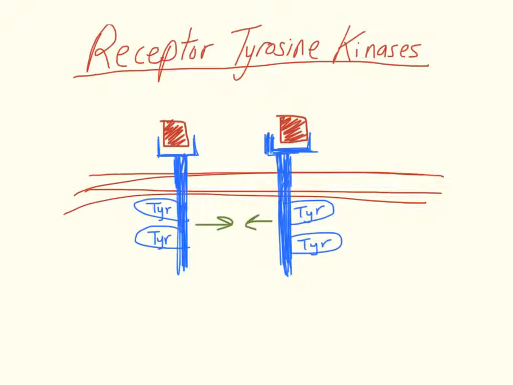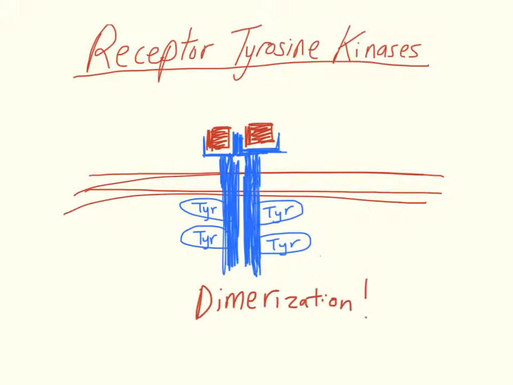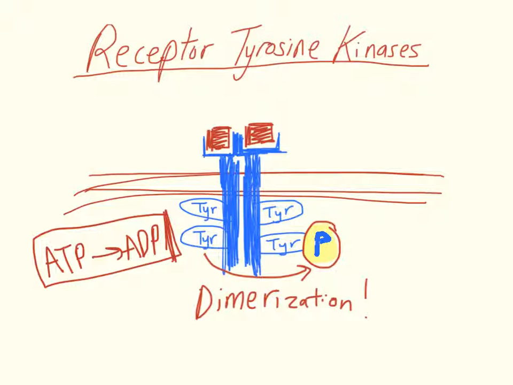Now, when the ligand binds to each of the monomers, these two monomers will move closer together and dimerize. Voila. Dimerization activates the tyrosine kinase region of each monomer. So each tyrosine kinase adds a phosphate from an ATP molecule to the tyrosine on the tail of the other monomer.